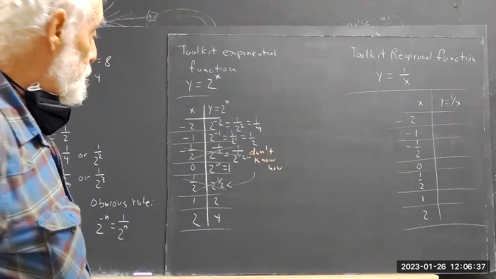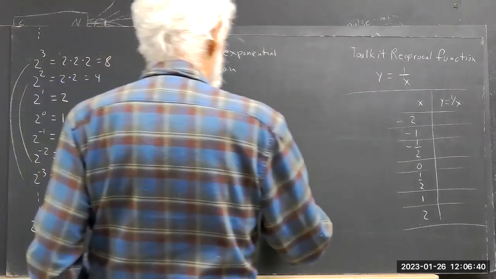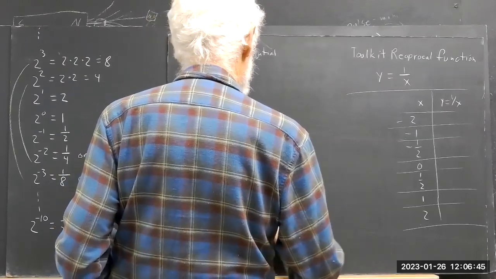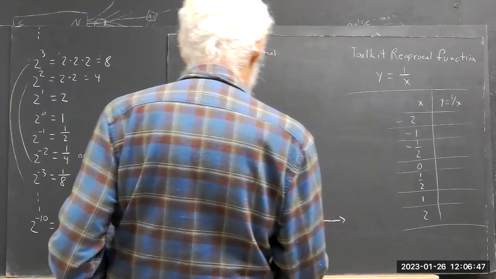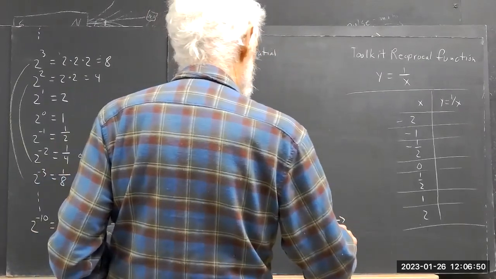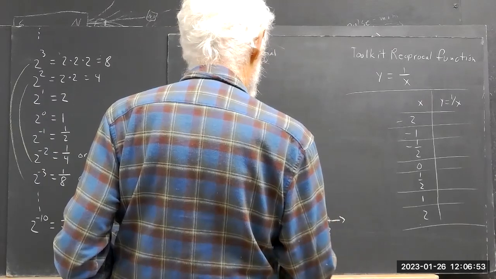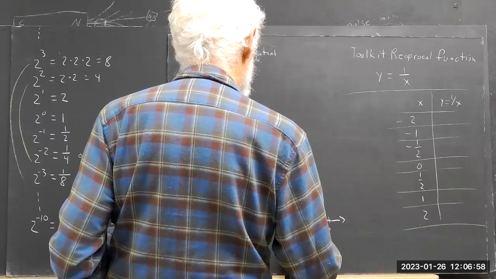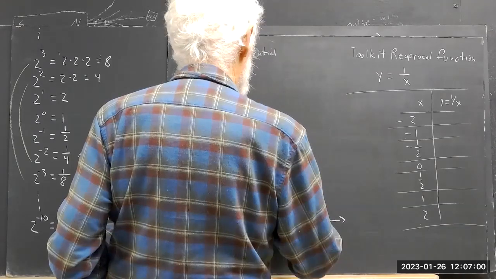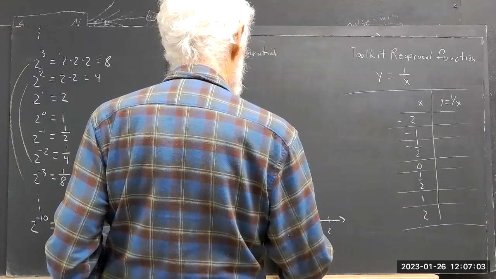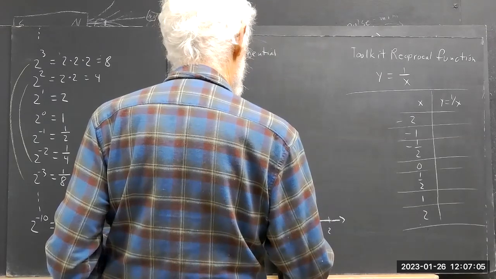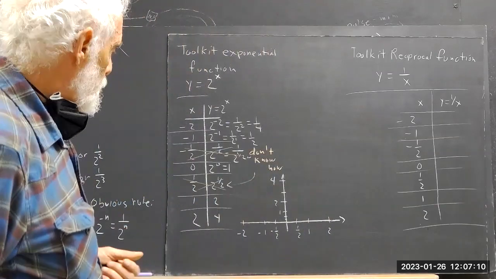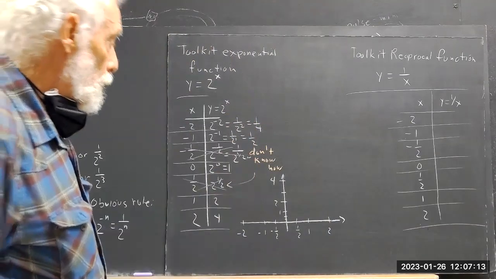Okay. This gives us a graph. I'm going to draw quickly, using the same principle that we've used. So we have -2, 1/4.